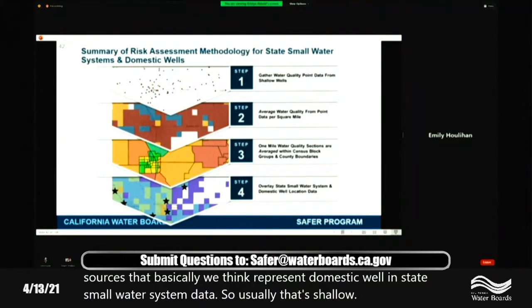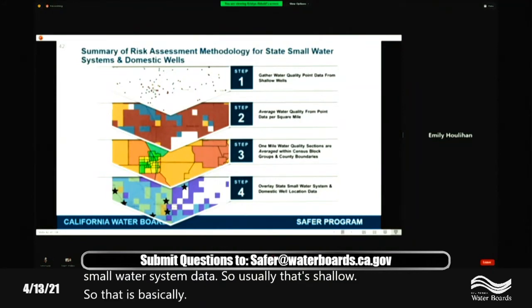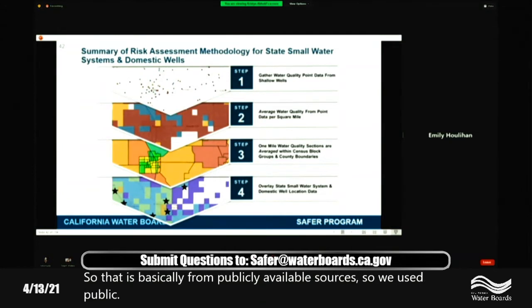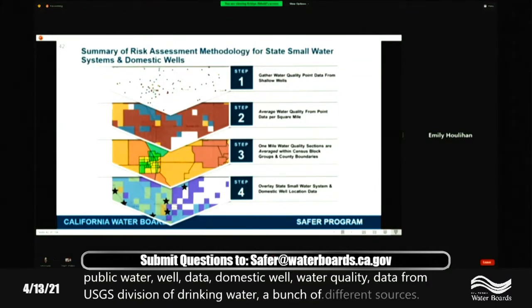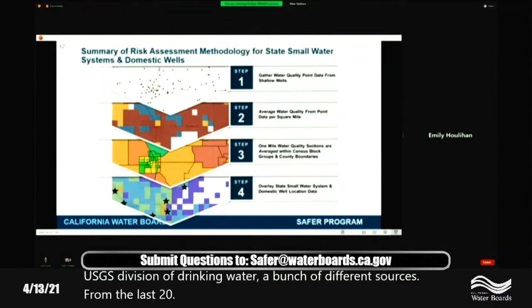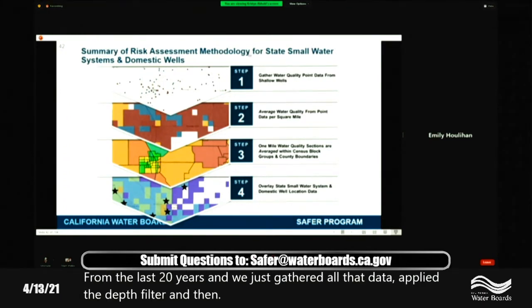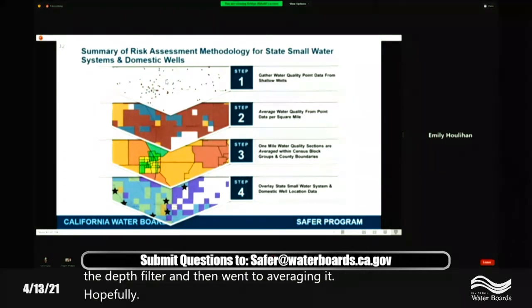So that is basically from publicly available sources. So we used public water well data, domestic well water quality data from USGS, Division of Drinking Water, a bunch of different sources from the last 20 years. And we just gathered all that data, applied the depth filter, and then went to averaging it. Hopefully that answers the question.